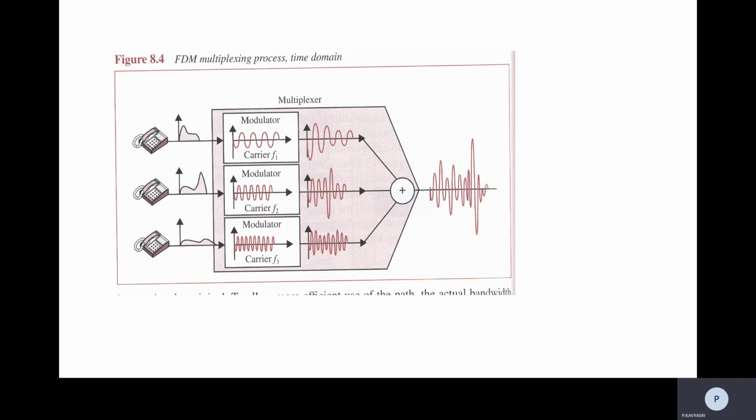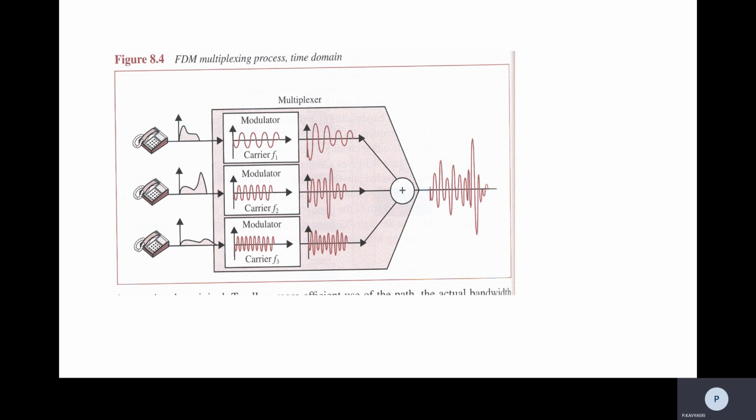Initially we have the message signal, and that message signal is given to the modulation. Modulation means we require a carrier signal, right? So we apply different carrier signals to the different message signals.